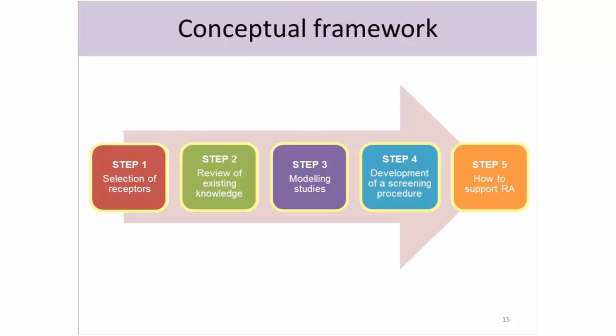Then we have carried out some molecular modeling studies. We developed a screening procedure using different molecular modeling approaches, and then we will see how these results can support the risk assessment.